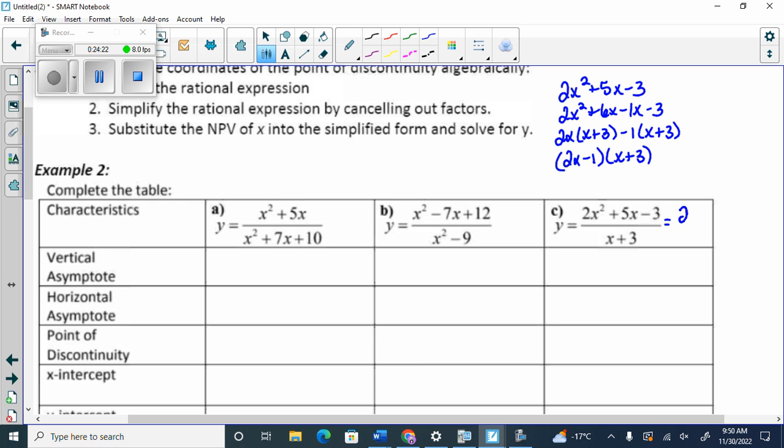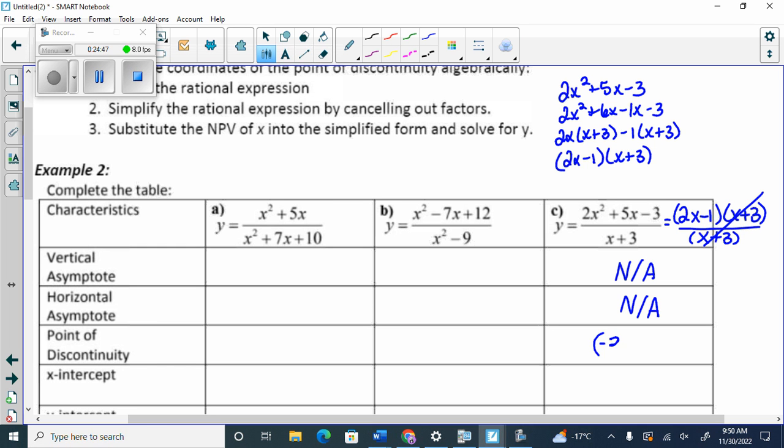Wowzers! What's happening here, people? Oh my gosh, the x plus 3s are canceling. What would that mean? What is my point of discontinuity at? What's my x?